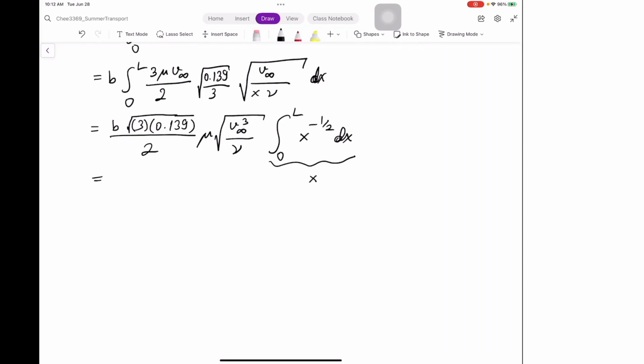So it's going to be x to 1 over 2 over 1 over 2, right? But 1 over 1 over 2 is just 2. So it's this, and you can cancel this 2 and this 2.